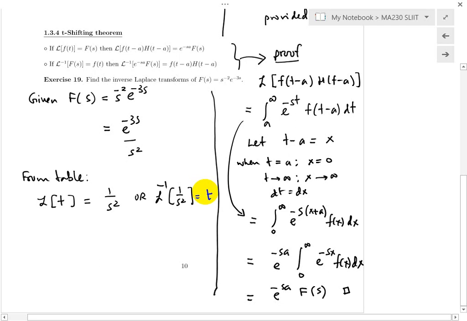So this is going to be f of t minus a. So you want to find the inverse Laplace transform of exponential minus 3s over s squared. So what's the answer?